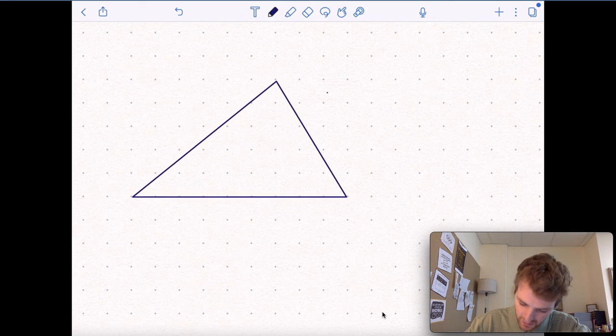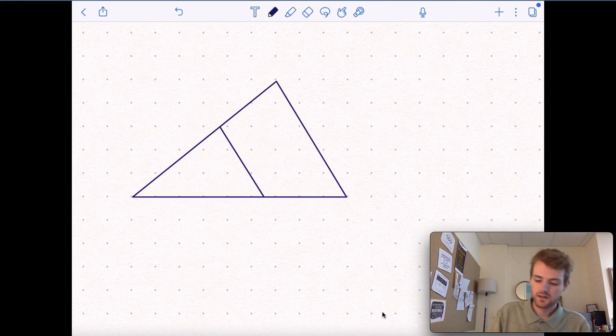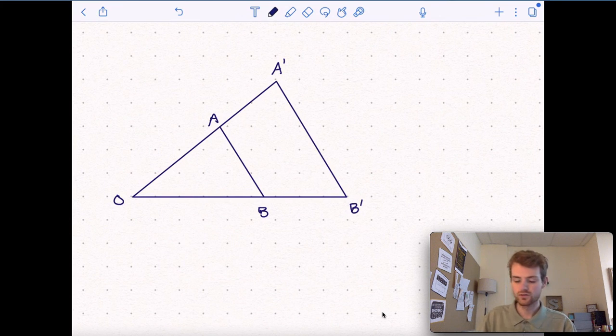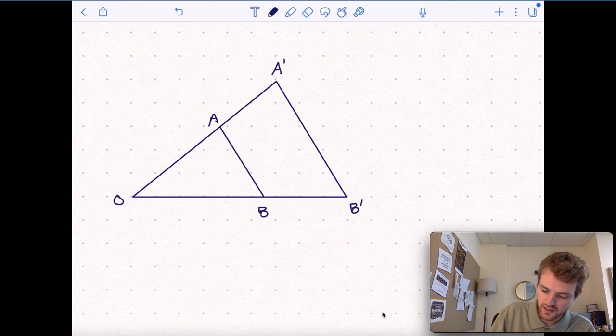And it looks like this. I have this figure drawn in, and let's say this is 4, 9, and 7.